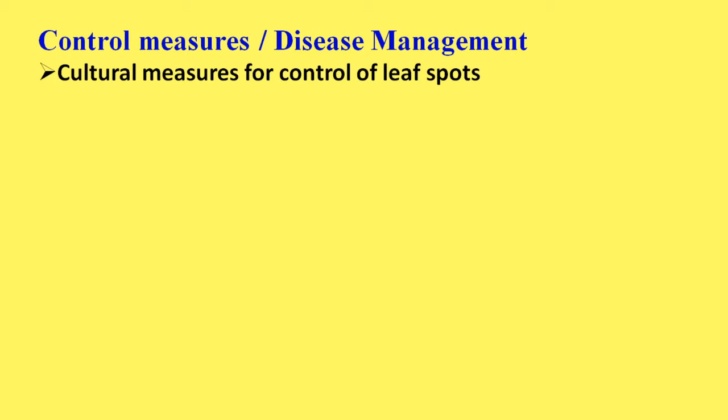Second one, it may be control by application of certain fungicides. Another method which is more frequently utilized for control of leaf spot disease is the use of cultivars which are highly resistant to that particular disease.